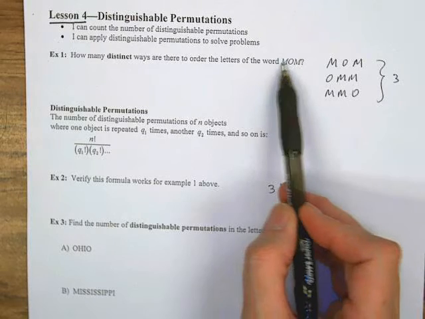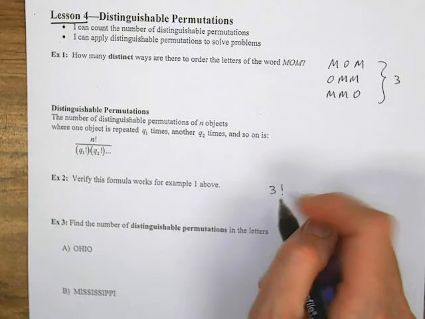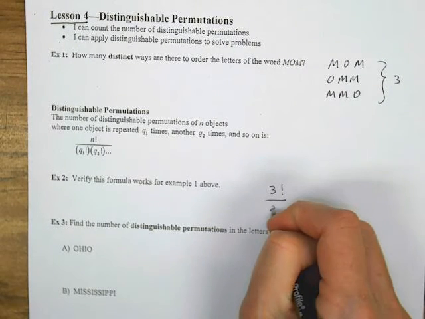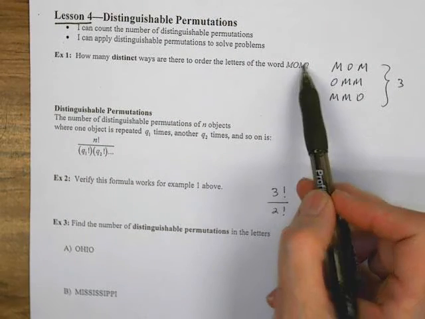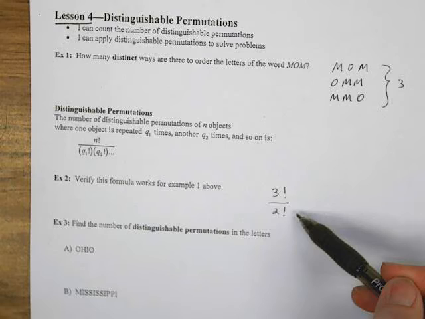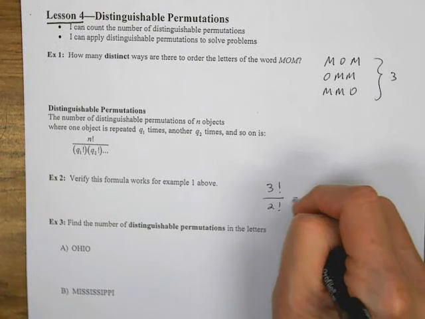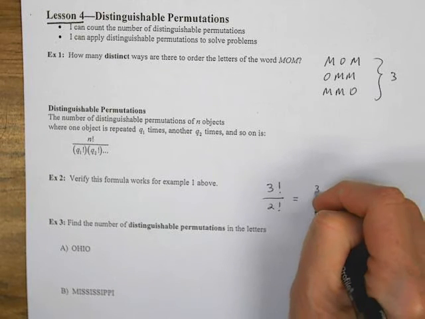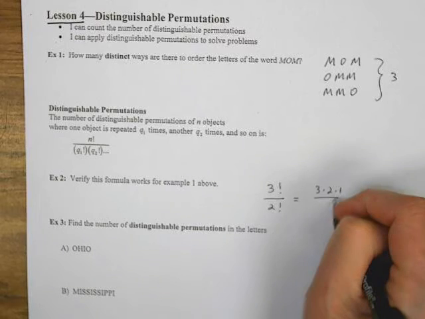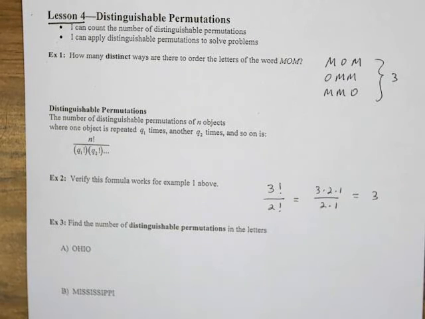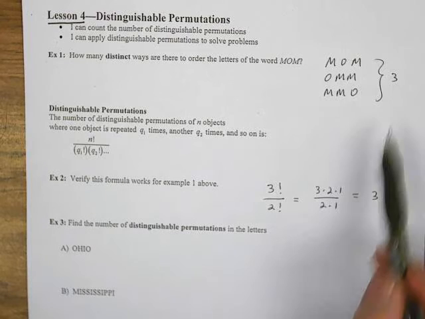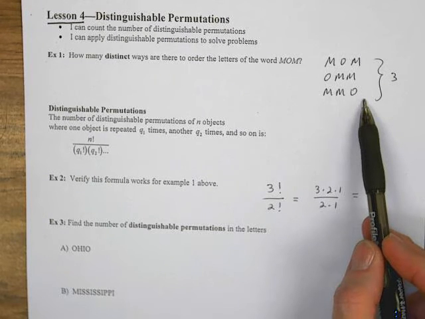I have an M, and an M is repeated twice, so I would divide by 2 factorial. I don't have anything else that's repeated. If I did, I would put another factorial underneath, but that's it. So we know 3 factorial is 3 times 2 times 1. 2 factorial is 2 times 1. We can see that comes out to be 3, and so I was verifying that for the example above.